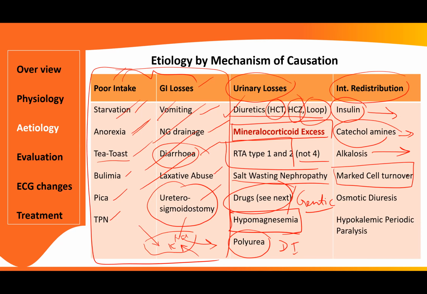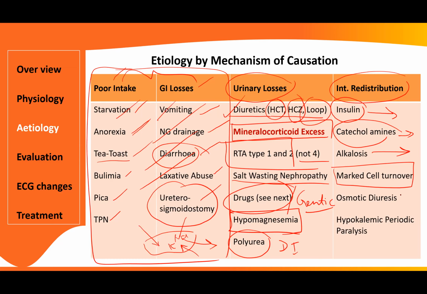What is marked cellular turnover? Marked cellular turnover occurs in leukemias, wherever there are tumors, particularly AML, acute myeloid leukemia. And the cell turnover itself generates a situation where more of the potassium is used up for formation of the cells, because that being the intracellular dominant cation, whenever more cells are produced they require more potassium, so potassium requirement goes up, there will be hypokalemia.